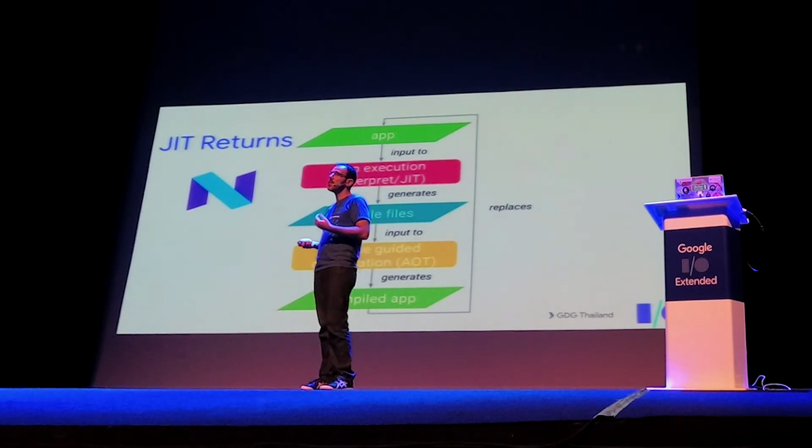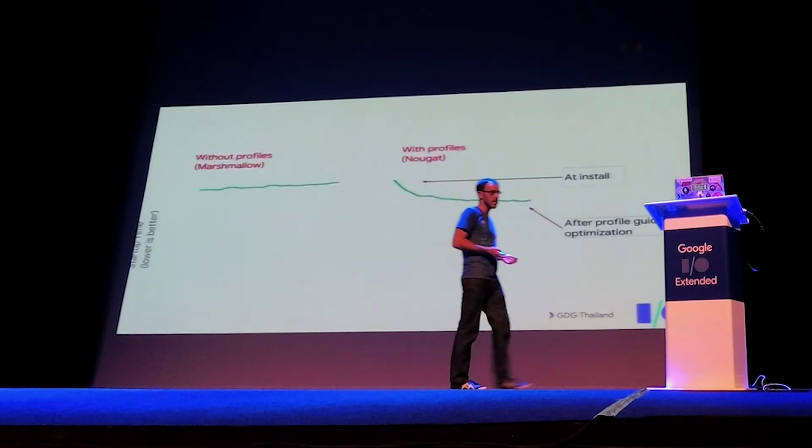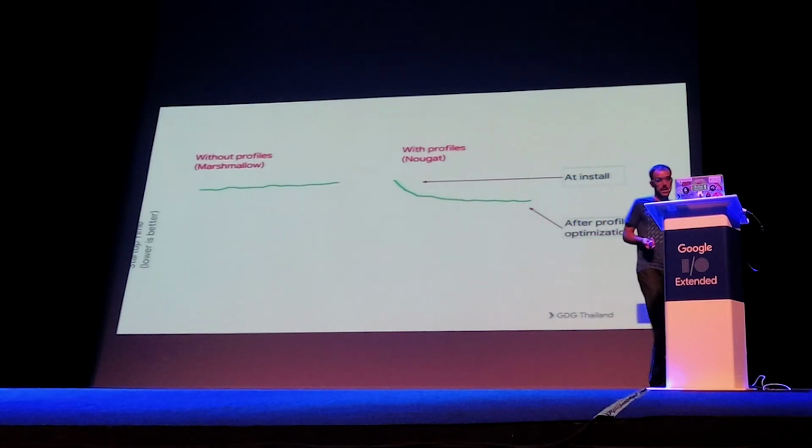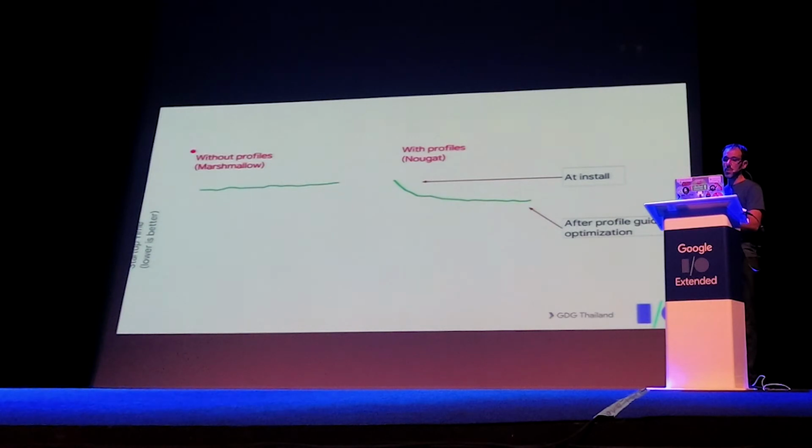And that's giving very good numbers. So this is the difference from Marshmallow, right? With ahead-of-time compilation the time is always constant, linear. But with Nougat, with this hybrid model, the time at install is a peak. But later, as we have profiled the bytecode, we have provided the optimization, we can give better numbers.